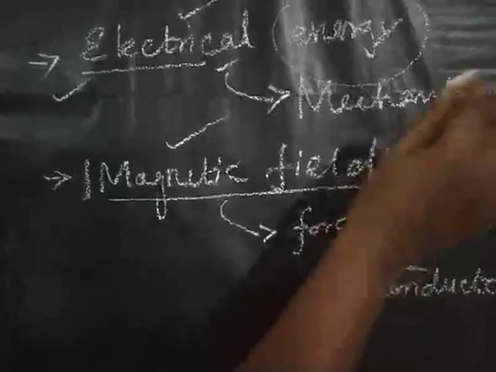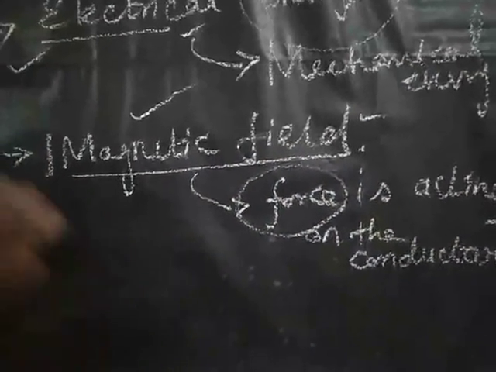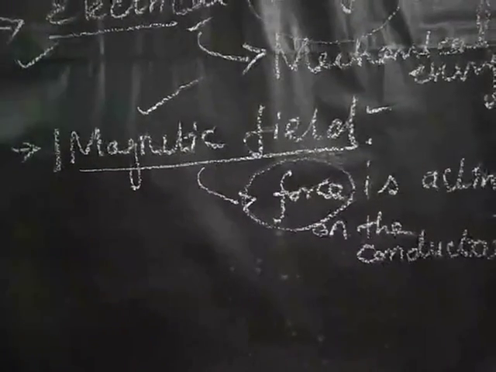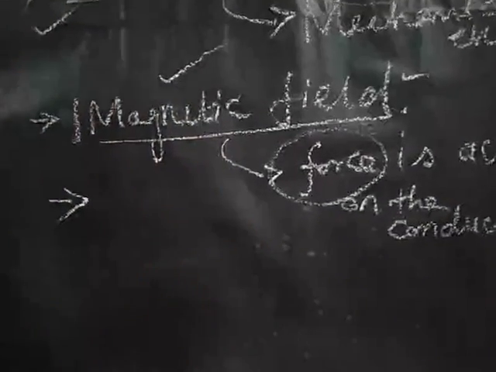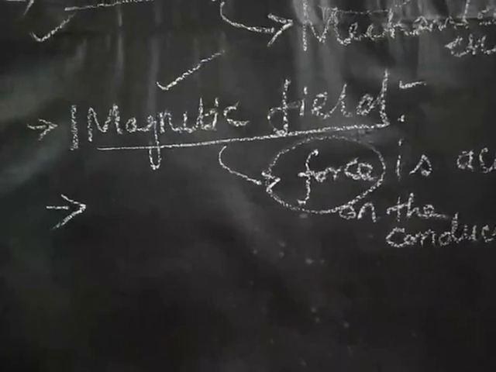Because of the magnetic field, a force is created. That force acts on the conductor. Because of the force, the electric motor starts moving.